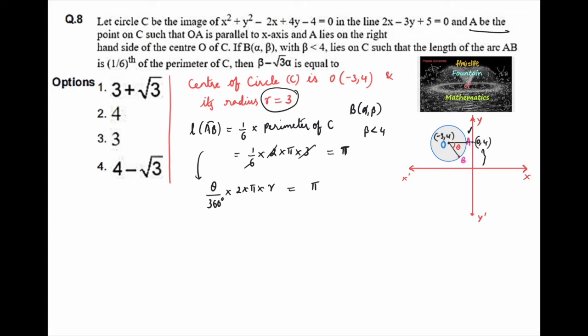So here r is 3 units. So here 2 3s are 6, 60 times, and pi get cancelled. So here we can write angle theta is equal to 60 degrees.